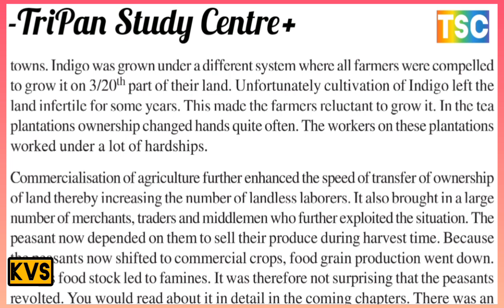Unfortunately, cultivation of indigo left the land infertile for some years, and this made farmers reluctant to grow it. In the tea plantations, ownership of the land changed quite often. The workers on these plantations worked under a lot of hardship.